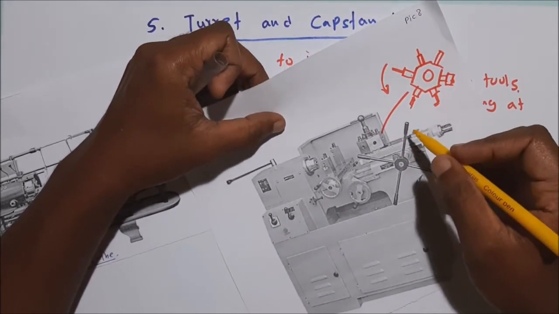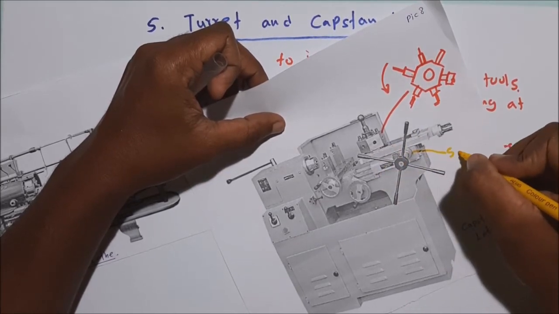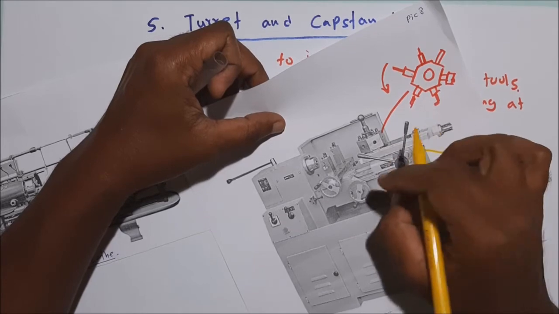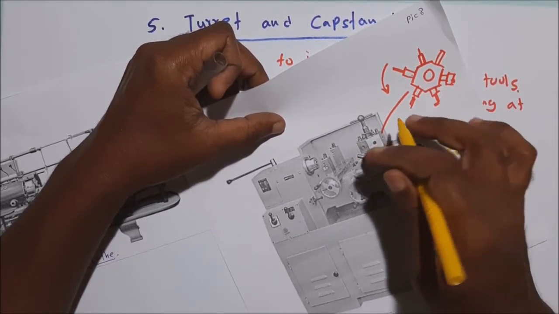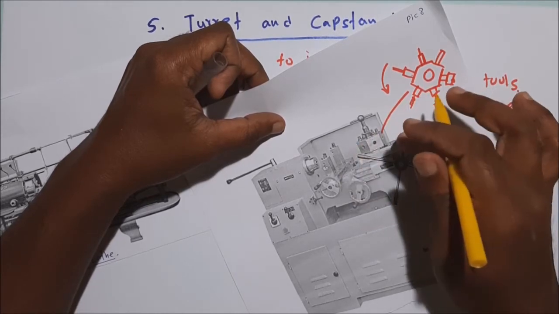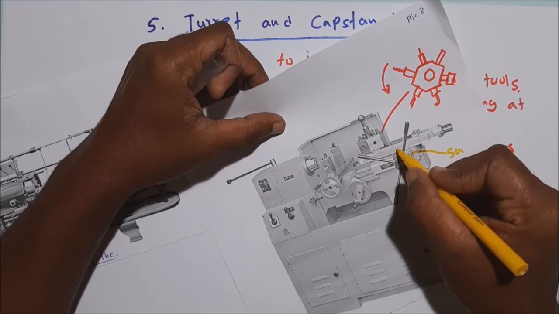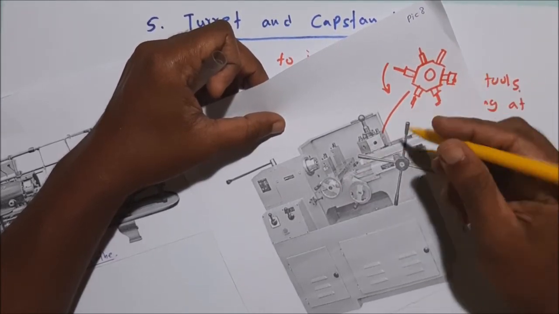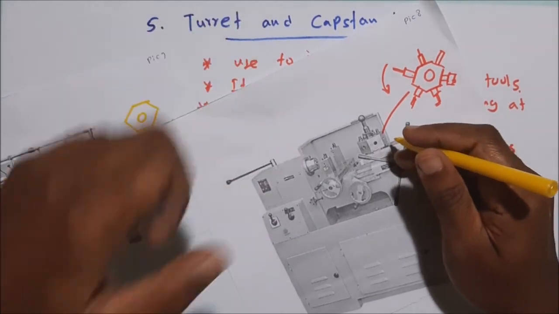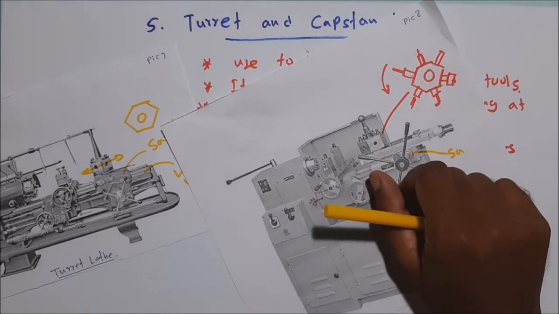It also has a saddle, and this saddle is clamped on the lathe bed. Then the tool is fed through the guideways on the saddle. The auxiliary guideways are used to feed the tool. So that is the difference between the turret lathe and the capstan lathe.